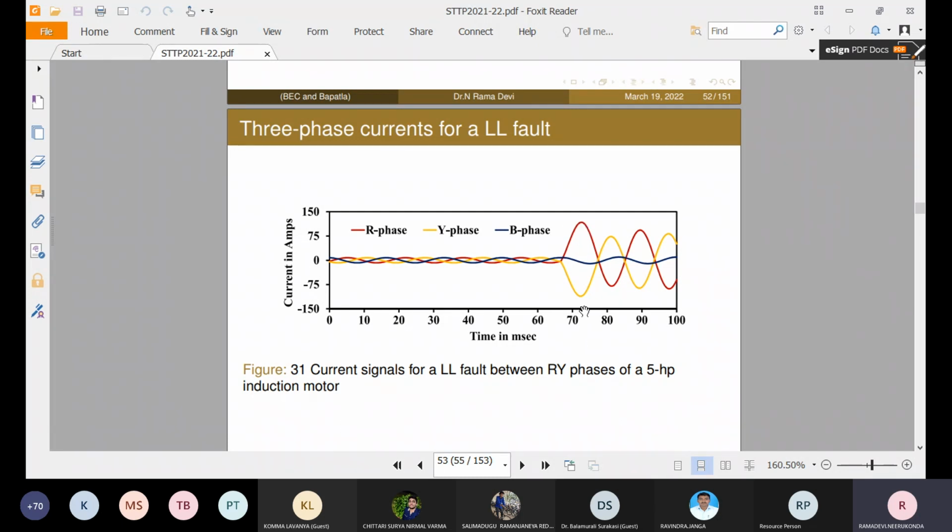So here we created the line to line fault between the R and Y phases. Because of this, the R and Y phases are 180 degrees phase shifted. So exactly IR is 180 degrees of IY.